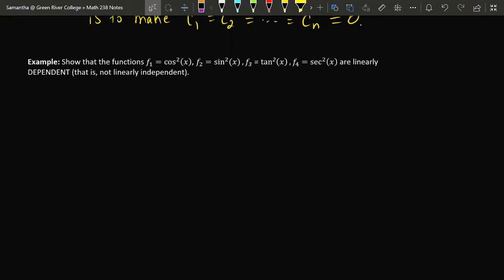Now let me suppose that I was going to try and take these four functions, and by multiplying these functions by constants C1, C2, C3, C4, I want to try and construct the function 0. And I'm going to see if I can do this in a way that's not completely trivial and silly, which would be to just set all the constants equal to 0. I want to see if there's a non-silly, more meaningful way to actually make this happen.